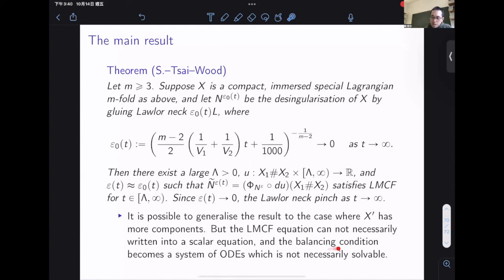And the balancing condition will become a system of ODEs rather than just a single ODE satisfied by epsilon, and this system of ODEs is not necessarily solvable.